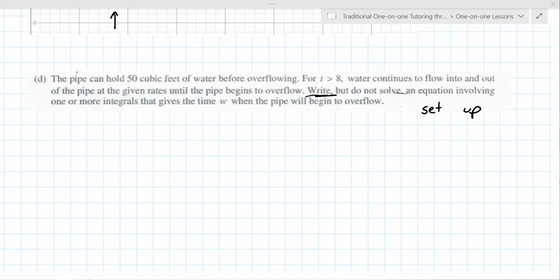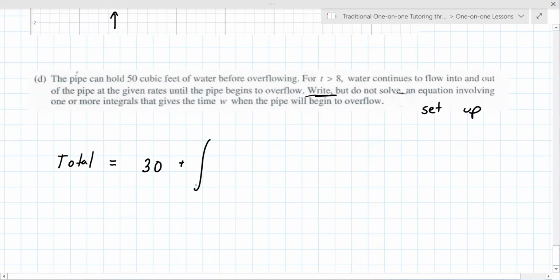Okay, so the total amount of water in the pipe is what it started with, which I think was 30, plus the integral from 0 to 8, okay?